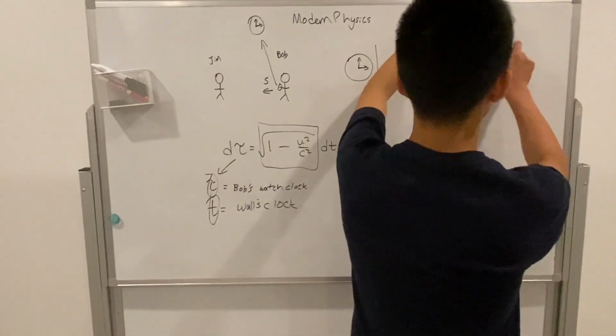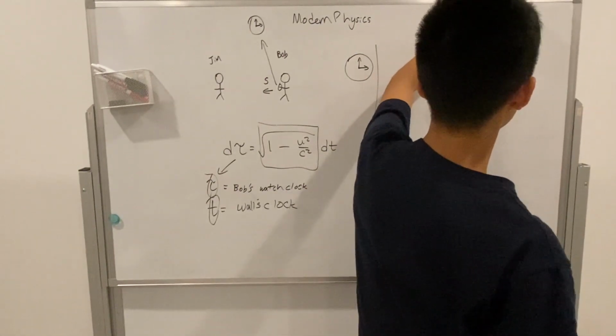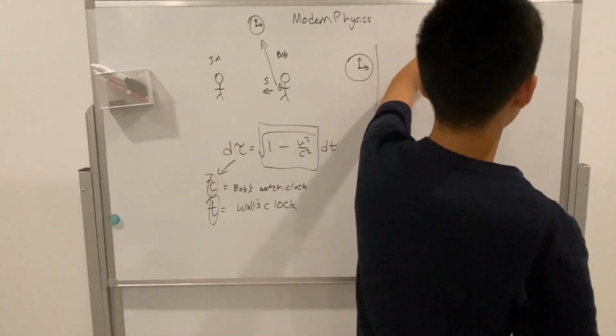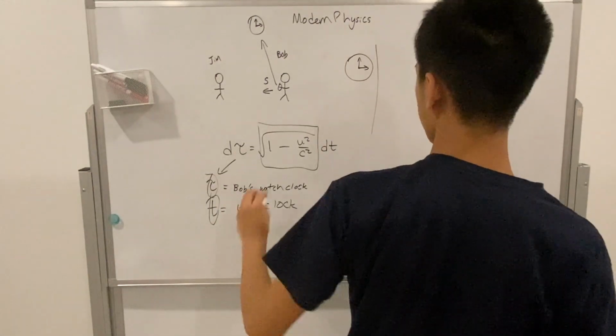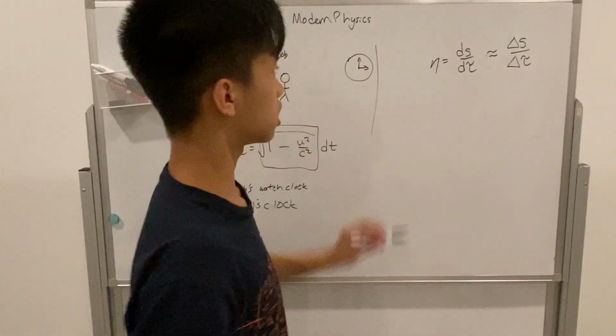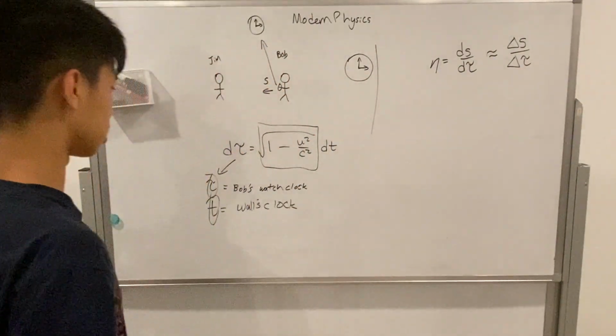So this is approximately the change, delta s, the change in distance over the change in watch clock time. This is used a lot, to say the least.